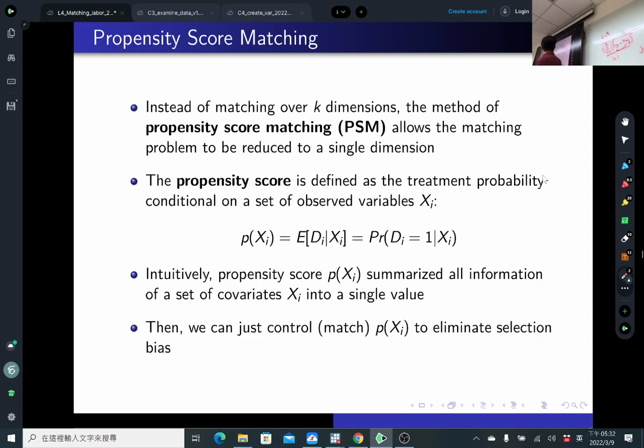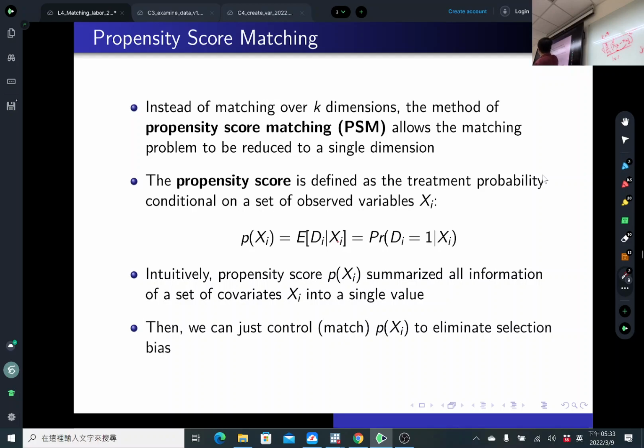So this is the average probability given these characteristics. In practice, you use age, education, your father's education, mother's education, and family background to predict whether this person gets a treatment or not. You will generate a probability of getting a treatment, and this probability is called the propensity score. The thing you need to match is just this probability, this score.